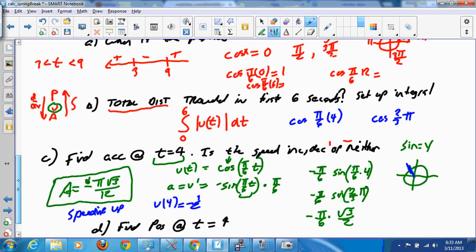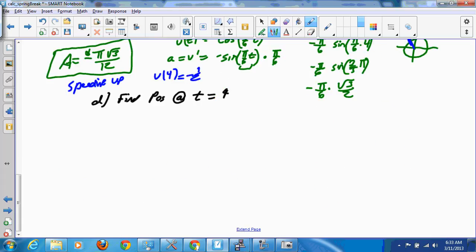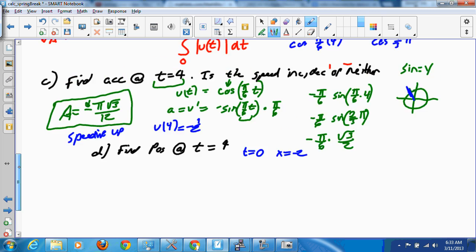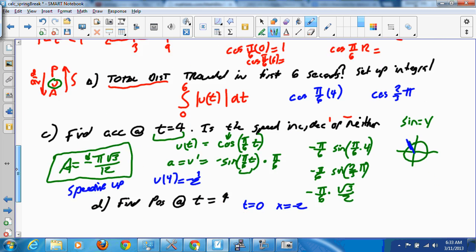Okay. And finally, the next part says find the position at t equals 4. You recall that they gave us a key piece of information. They said at t equals 0, the position was, I believe, -2. Let's go back up and check that. Yeah, -2.